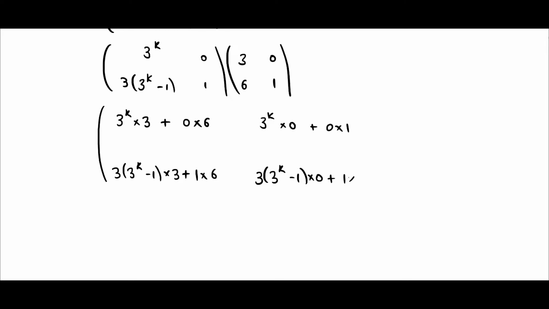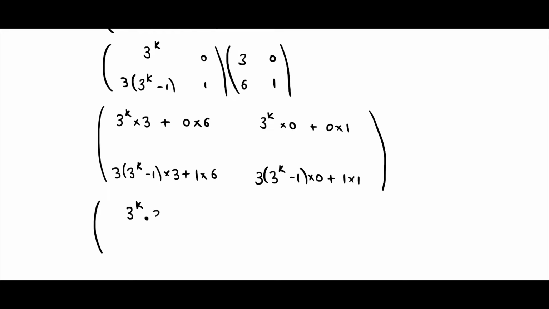And with this being said, the rest is quite easy. Here we have 3 to the power of k times by 3, which I will write as 3 to the power of k multiplied by 3 to the power of 1, and you'll see why in a second.